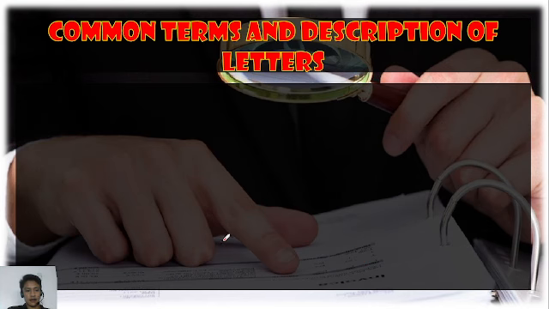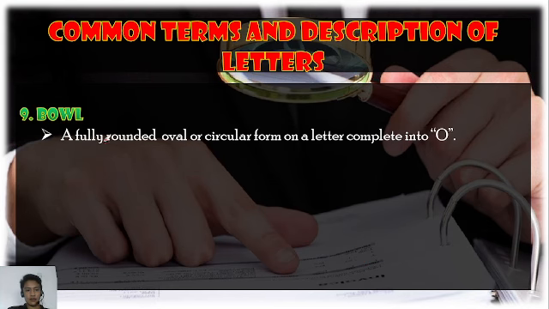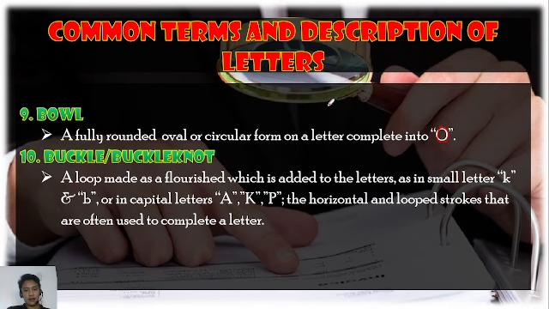Well, we have here also another one, bowl. By the word itself, it is a fully rounded oval, or circular form of a letter, complete, like O, or just like a bowl shape. This is a perfect example of a bowl, and we can observe this in some letters also, just like letter B. It has a bowl.